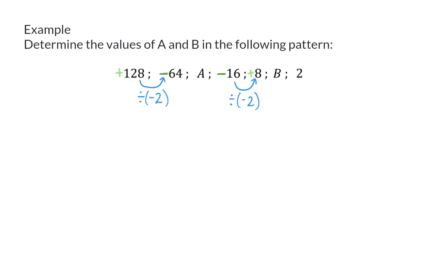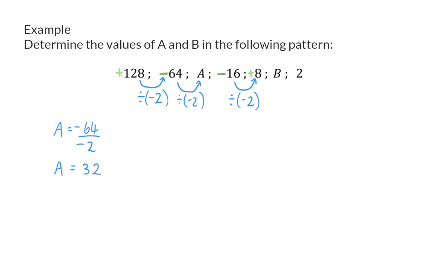Next, we can use this knowledge to also take minus 64 and divide it by minus 2 to determine the value of A. So minus 64 divided by minus 2 means that we'll have a positive value because we have an even number of minuses, and 64 divided by 2 is 32.